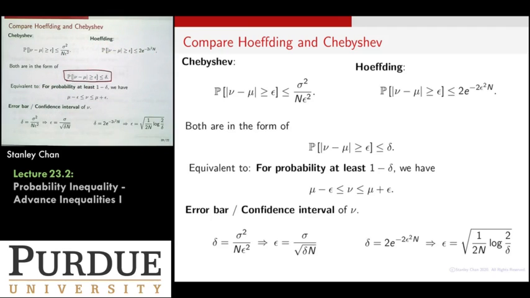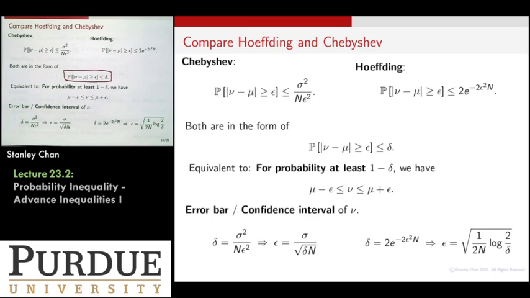Now for this, you can also say that with probability at least 1 minus delta, we have this mu living in this confidence interval, from mu minus epsilon to mu plus epsilon. This epsilon gives you a certain confidence interval, an error bar surrounding your estimate.